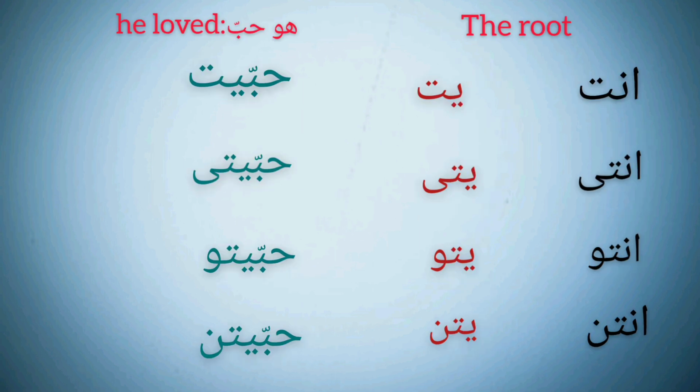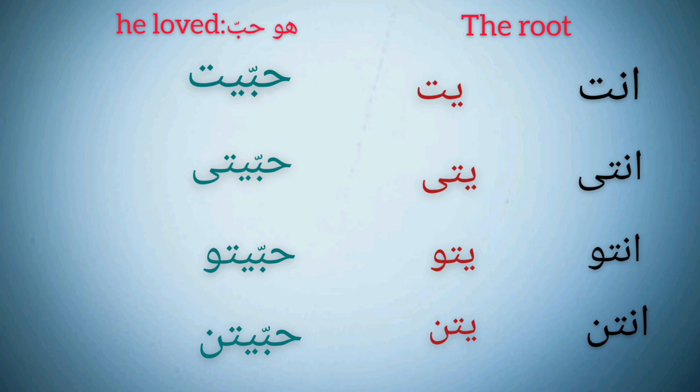But for conjugating these pronouns, for mutakallim and mukhatab, we're going to have some different changes. For example, in the previous lesson we added just it, but here we have to add yet. For example, انت حبيت. You loved.